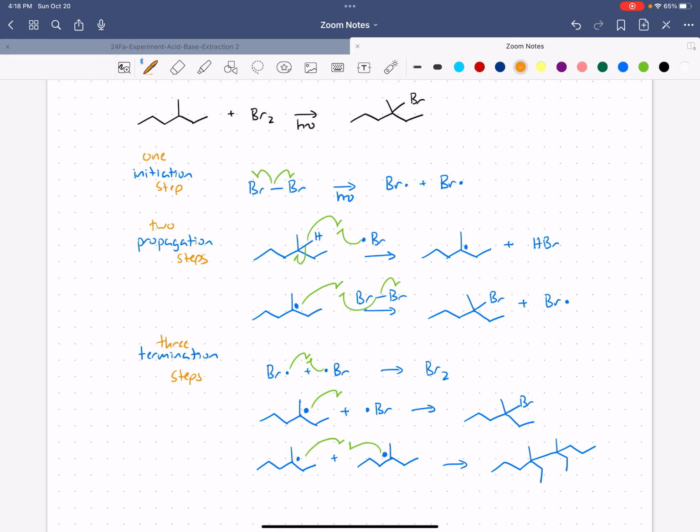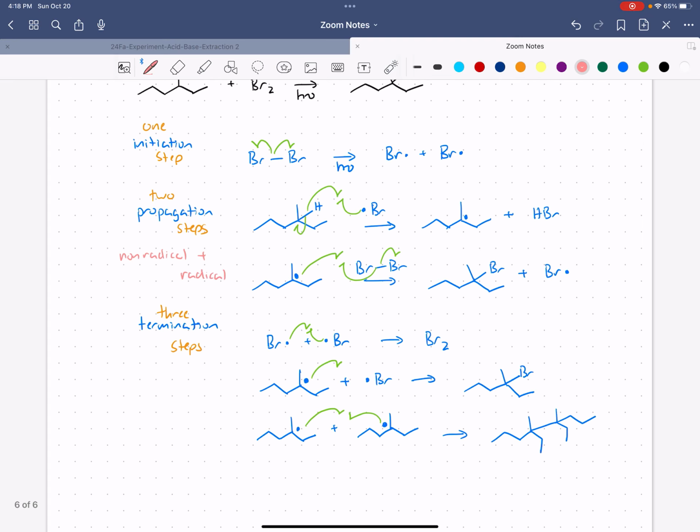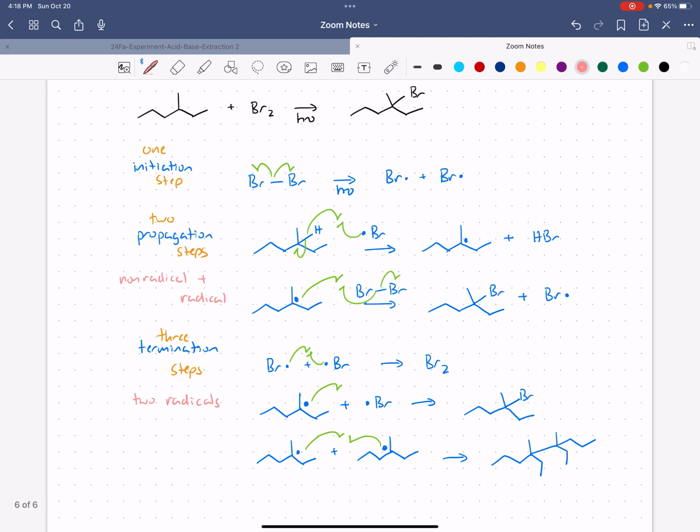In the 2 propagation steps, gotta remember, if you take a look, it's a non-radical plus a radical. But in the termination steps, it's 2 radicals coming together. You see the difference?